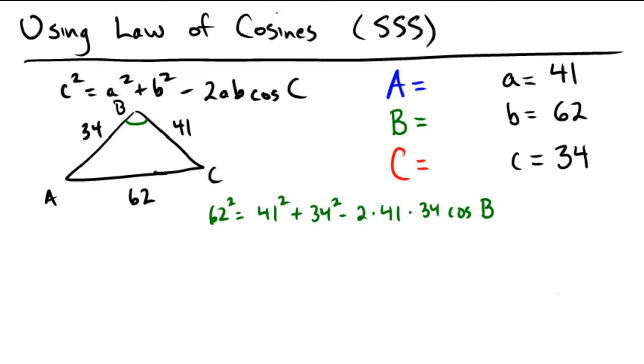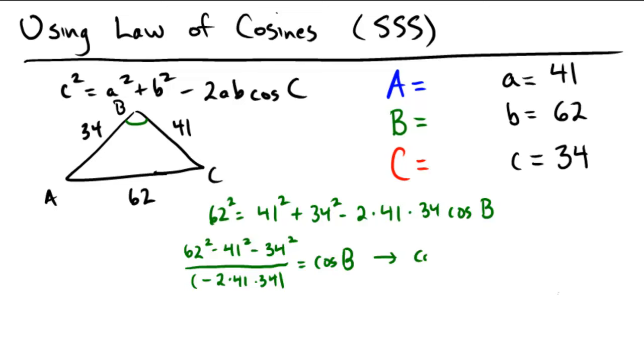So subtracting, we're going to get 62 squared minus 41 squared minus 34 squared over negative 2 times 41 times 34 must be equal to the cosine of B. So therefore, cosine of B is equal to, I'm going to grab my calculator, 62 squared minus 41 squared minus 34 squared, with extra parentheses to make sure I don't mess it up, all over negative 2 times 41 times 34, which is negative 0.3611.